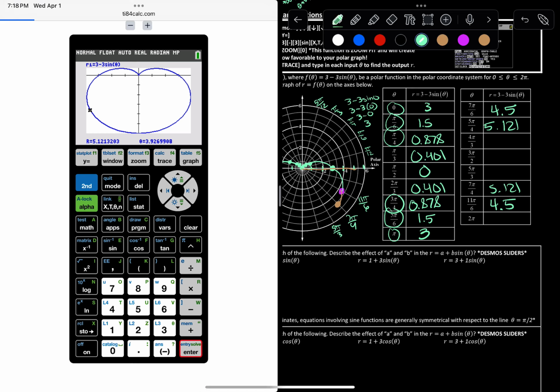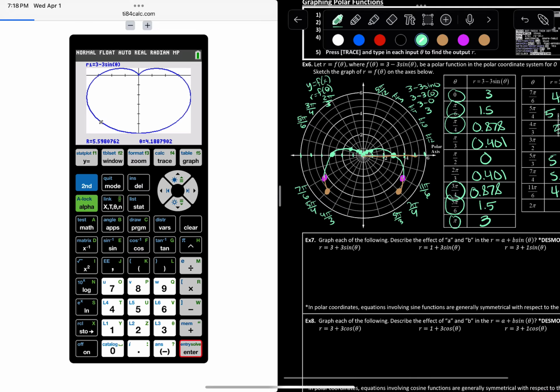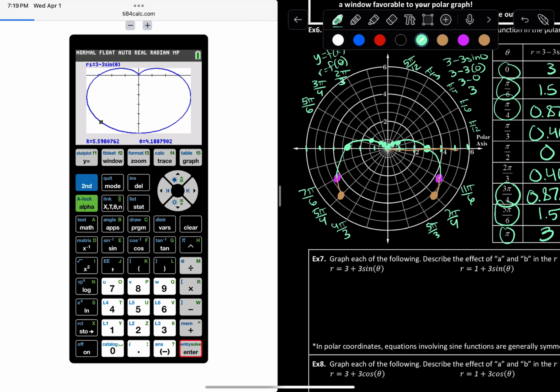All right. 4 pi over 3. We have a radius of 5.598, so almost 6. And then 5 pi over 3 will have the same radius. So almost to 6. So I'm sweeping around again. So 4 pi over 3 is almost 6.